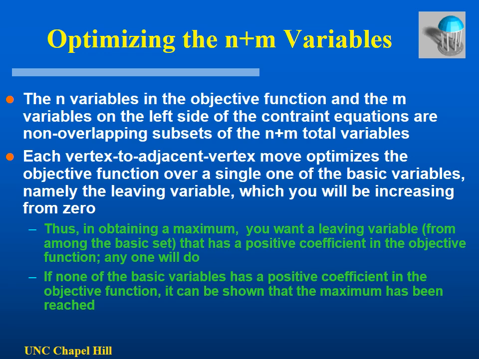We're going to do that optimization, remember, by a set of stages where we start from one vertex, choose a leaving variable, and then figure out how it's constrained most strongly, and that's going to be the computation we need to do to find the entering variable.